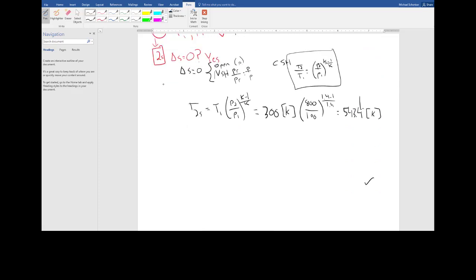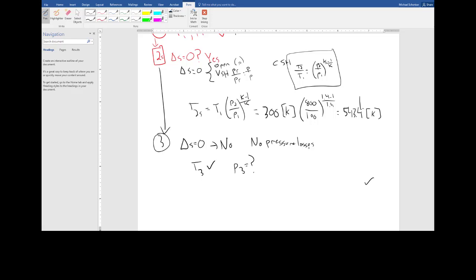All right, so now as I move from state 2 to state 3, is delta S equal to 0? No. Right? They told me T3, which is awesome. I love the states where they tell me the temperature, but they didn't tell me P3. But the thing that I remember is that there's no pressure losses. And here, there's no work.